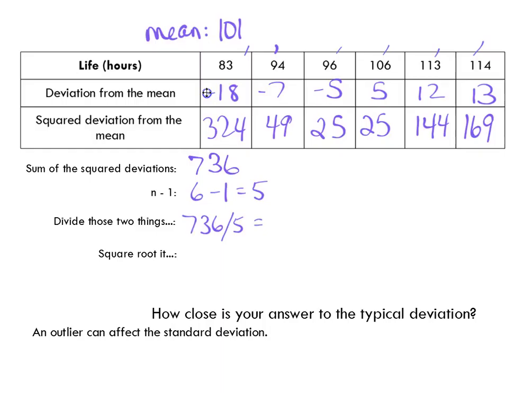And you get 147.2. And then we take the square root of that, and we get 12.132. It goes on a little more, 60071. I think that's how far the calculator goes, which is approximately 12.13.